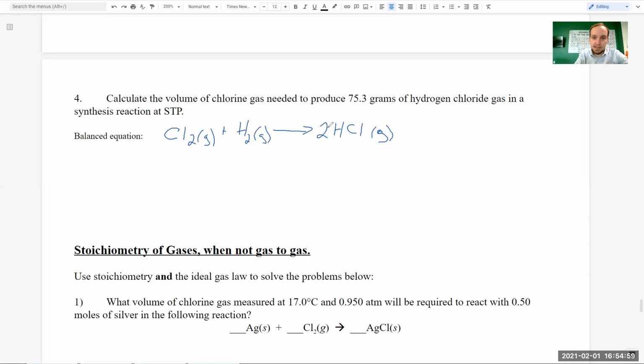So now that we have our chemical reaction balanced, I'm going to go ahead and go back to my numbers. What we are given to start with is 75.3 grams of HCl, which again is a gaseous form, so it's hydrogen chloride. Okay, I need to convert out of grams of HCl and into moles of HCl because really that's the only thing you can do.